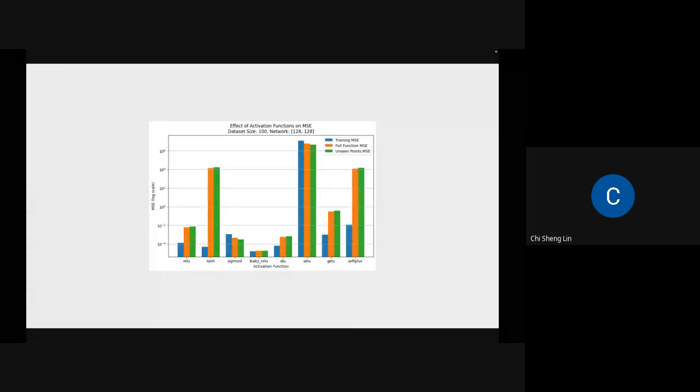For the leaky ReLU, it converges in only 2,500 epochs. It's the fastest training.